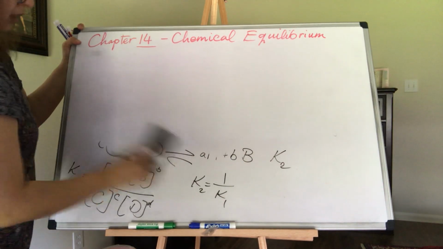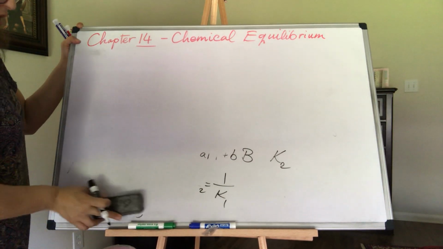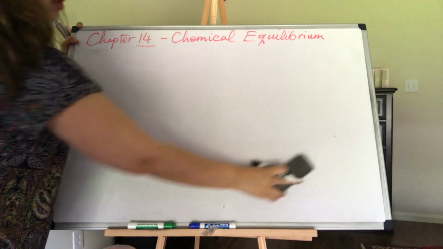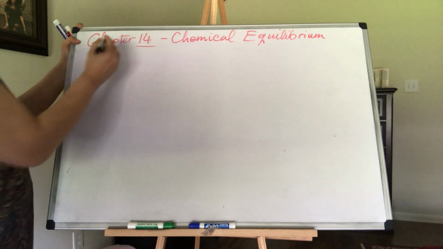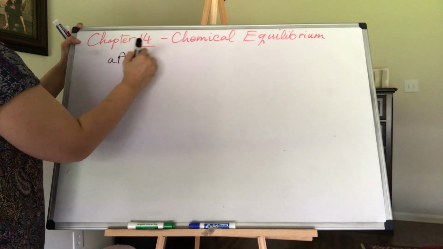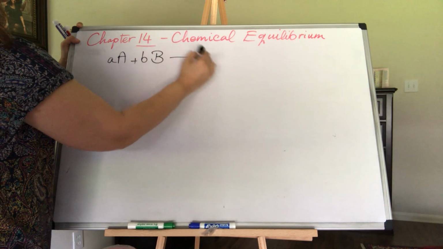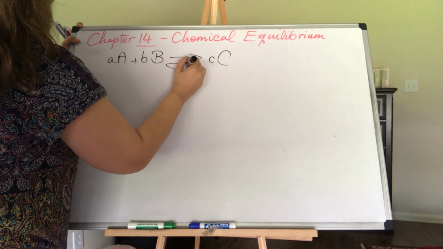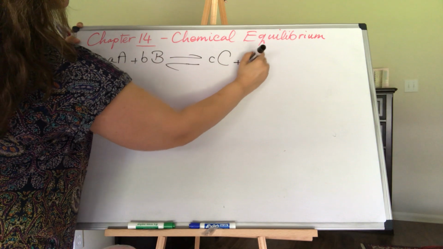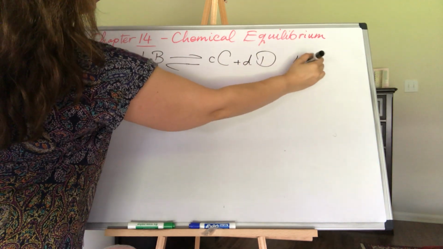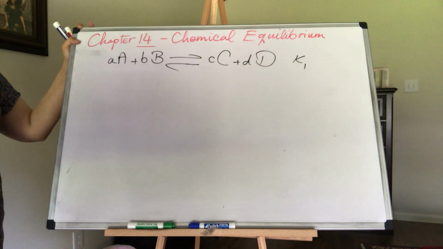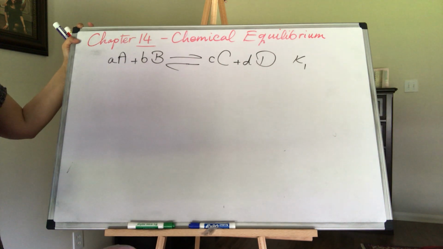And also, let's go with the same example. Again, A and B form C and D, and the equilibrium constant is going to be K1.